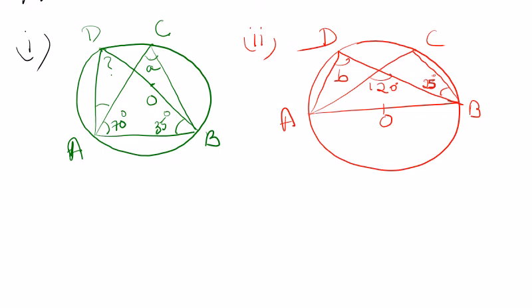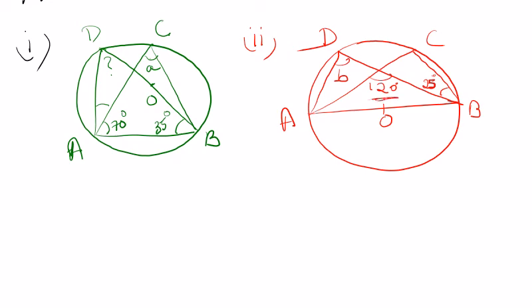So this is the second diagram where you have to find B. Okay. So now in order to find B, first you have to use that the 120 degree angle is the exterior angle.